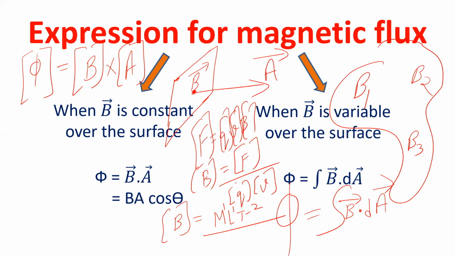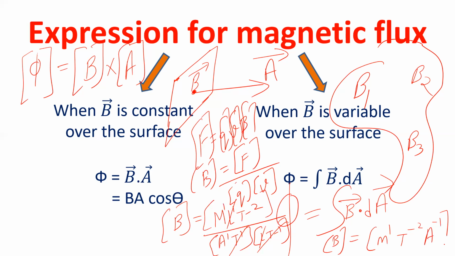Q is charge, current times time, so A^1 T^1. And for velocity, we can write L T^-1. So for the dimension of B, L gets cancelled, T^1 T^-1, so the dimensions of B come out to be M^1 T^-2 A^-1.